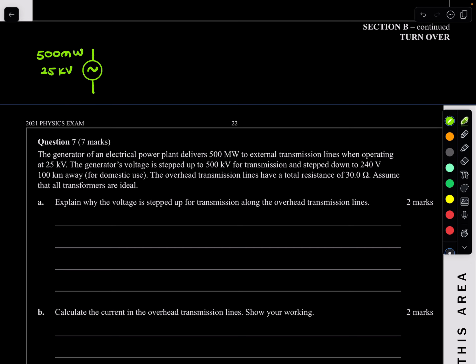So your voltage is being stepped up. This is your step up transformer. The generator's voltage is stepped up to 500 kilovolts for transmission, and stepped down to 240 volts. We'll probably have a transmission line 100 kilometers away.